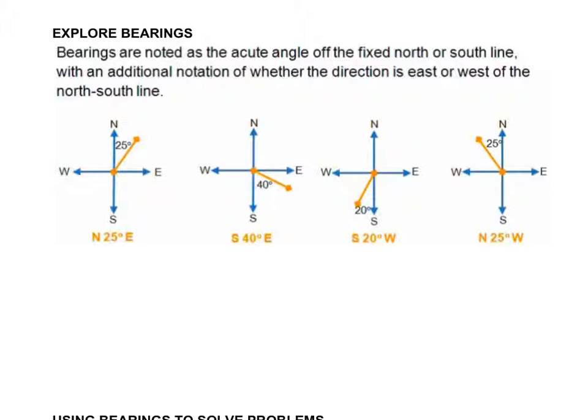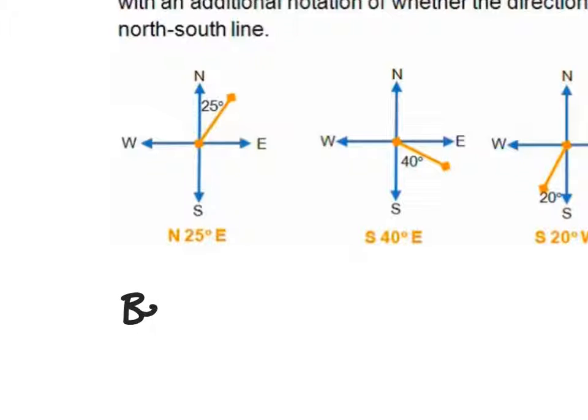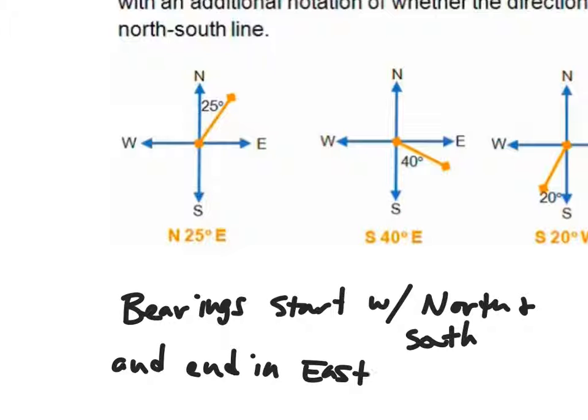So all your bearings start with north or south and end in east or west. Okay, so what we look at, if we have this angle here, north 25 degrees east.